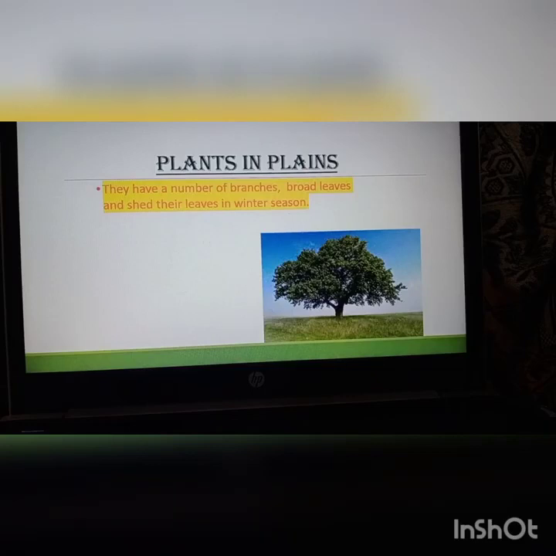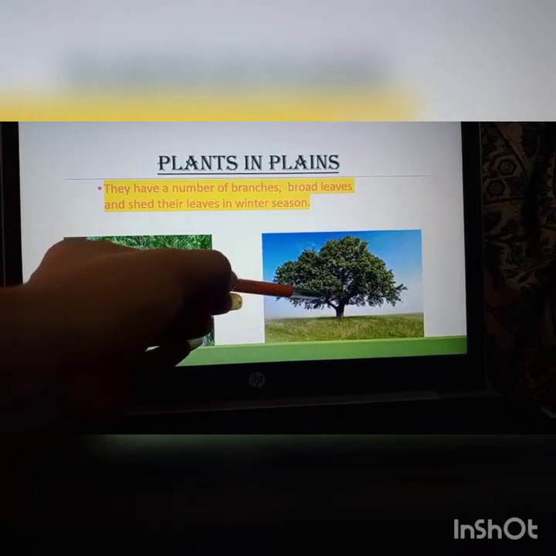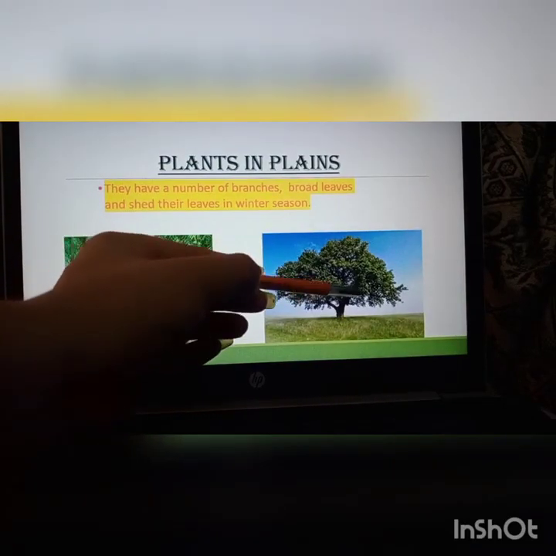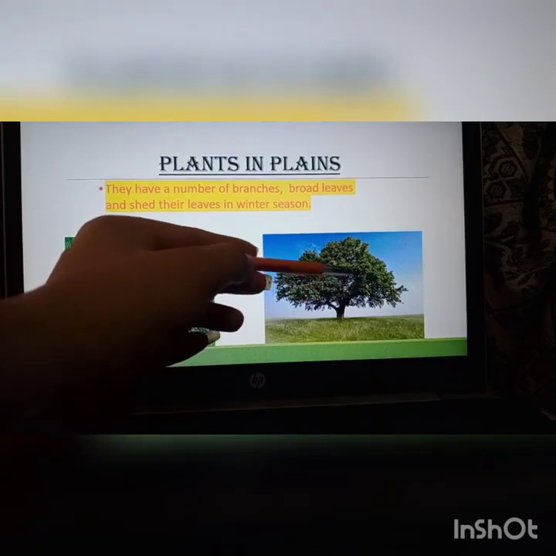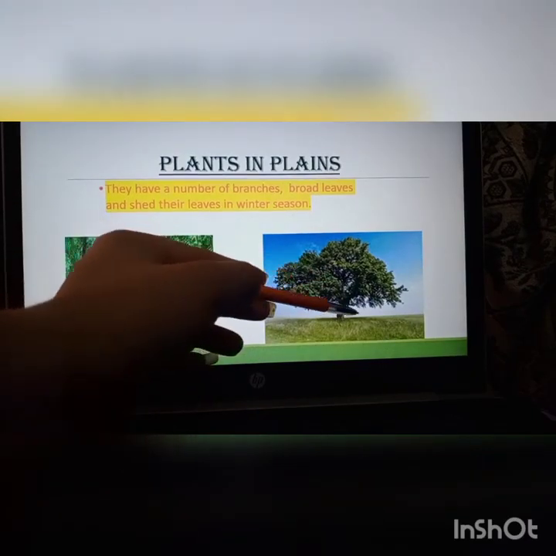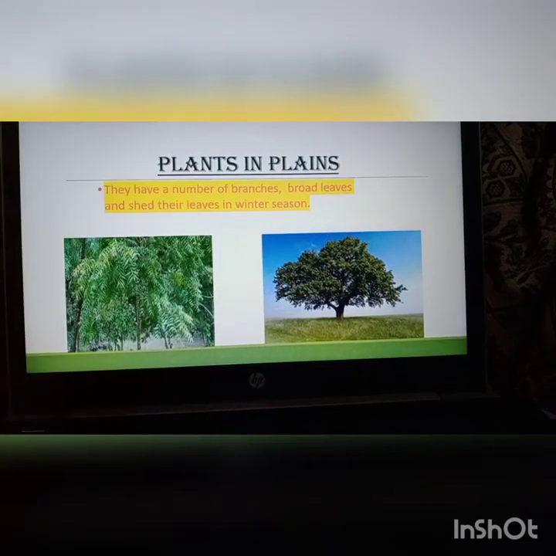They have a number of branches, like you can see in this image that it is a tree, and this tree has too many giant branches, and from these branches the leaves are attached. So the broad tree is a symbol that it is growing in a plain area.